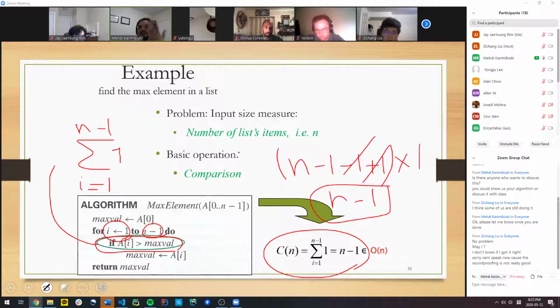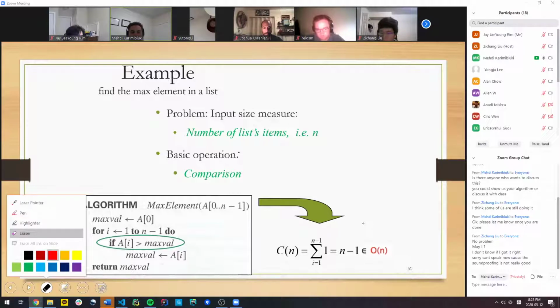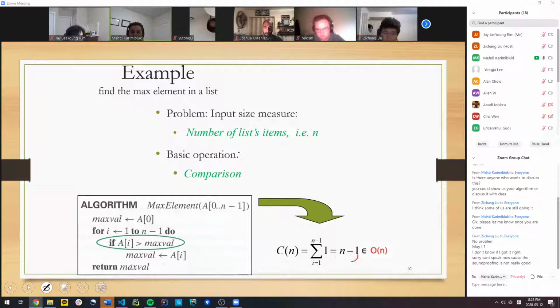So once we get here, the question is how we can show that in big O notation. Okay. In this example, there's just one for loop. It's pretty simple. We have a sigma that gave us n minus 1.